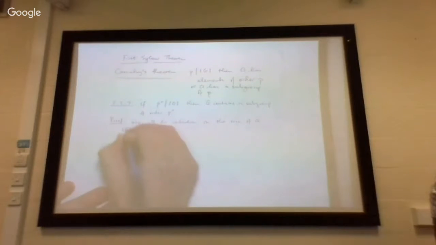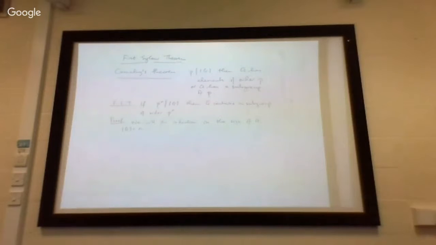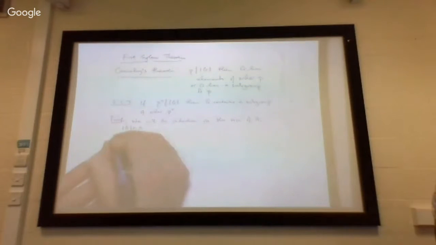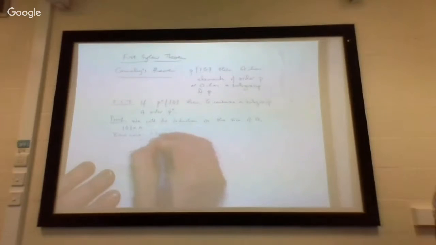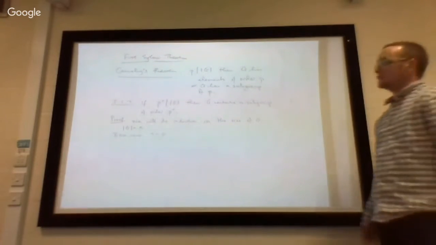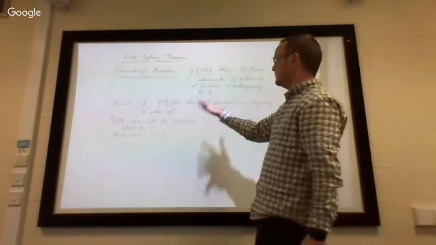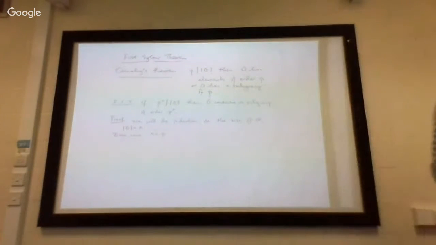So let's suppose G, let's use n for the size of G. The smallest size that we'd have to consider is where n is equal to p itself, because that's the smallest size of group for which this setup is true.